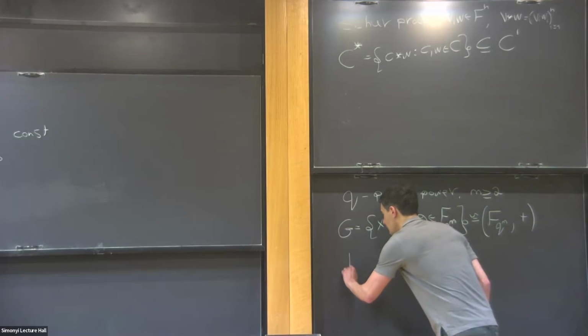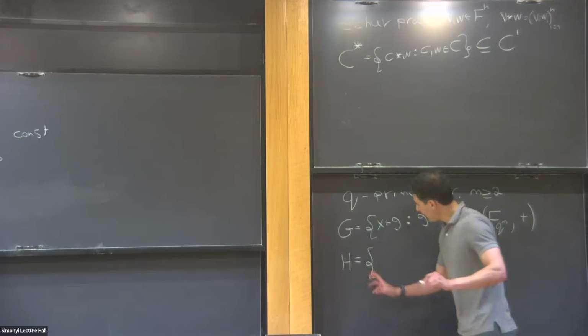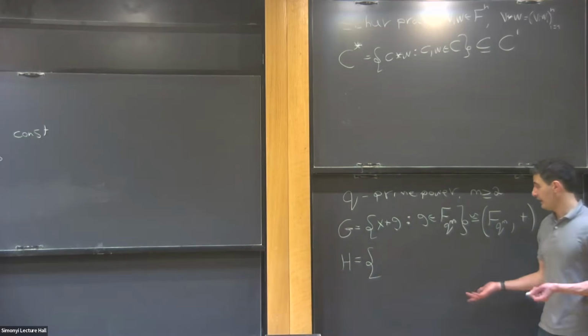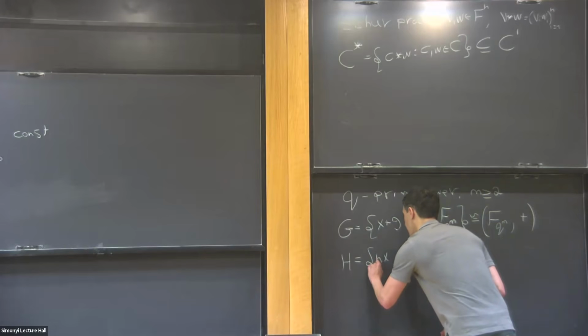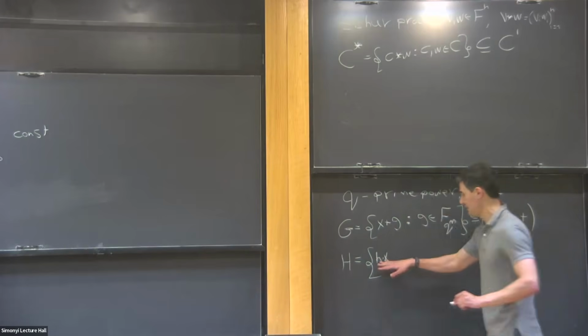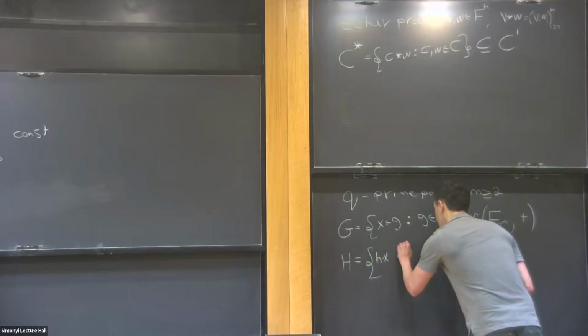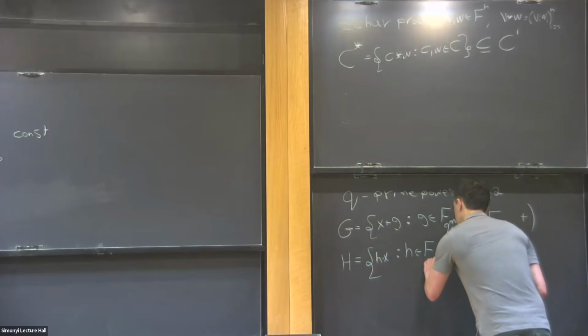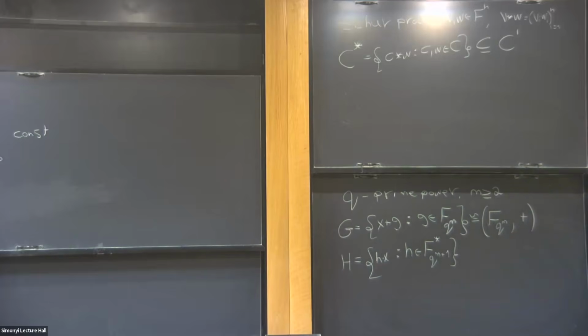And then now I define another group, H, which is a group of scaling transformations. So H times X, the polynomials X goes to H times X, where H is in F_Q^(M+1).